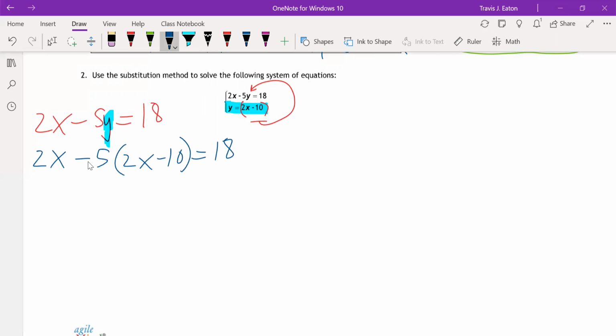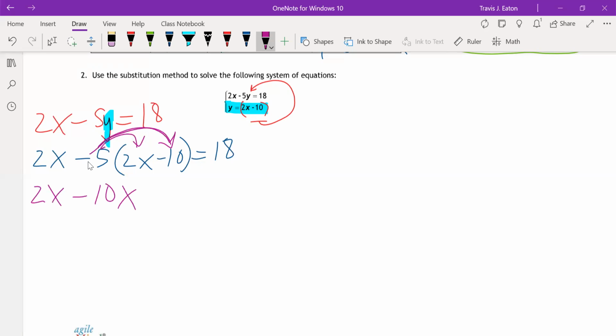Okay. Now we substitute, or not substitute, I'm sorry, we distribute. It ends with the same sound. We're going to distribute negative 5 to 2x and negative 5 to negative 10. So our next step would be, we keep this 2x just as it is, but negative 5 times 2x is negative 10x.